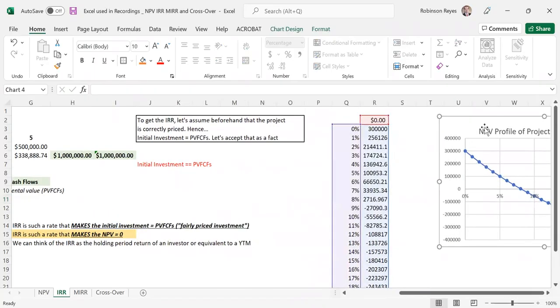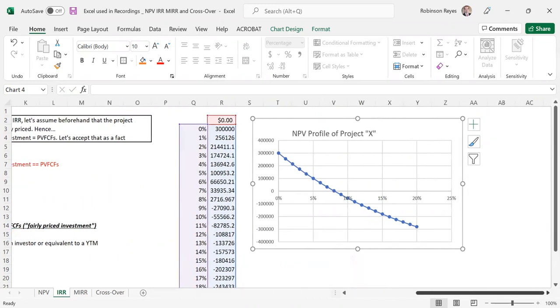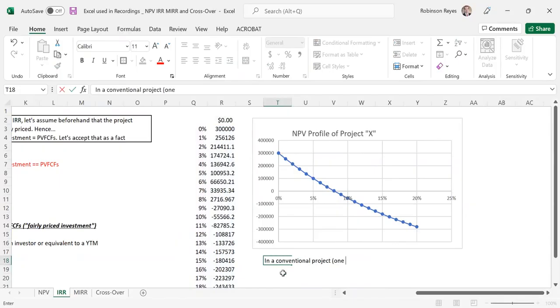Now, in a conventional project, and by conventional project, I'm going to type this here, a project with one initial cash outflow followed by future cash inflows, there is only one internal rate of return.